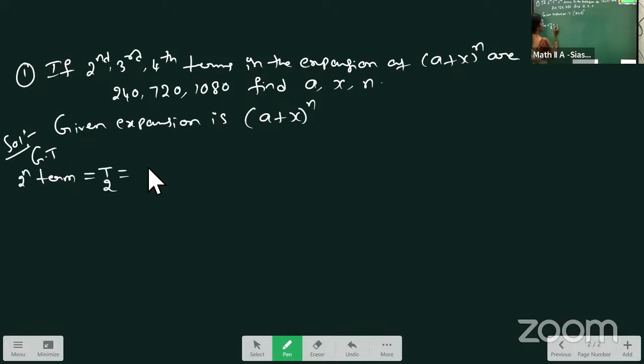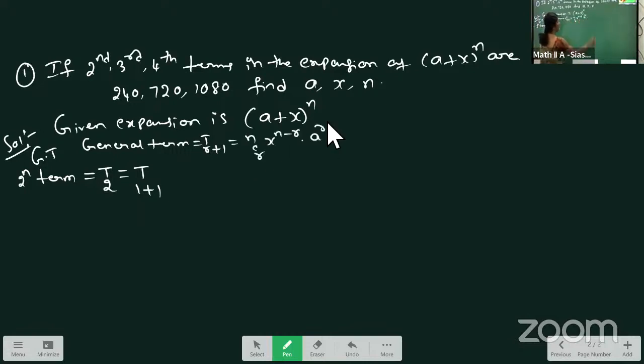T2 can be written as T(1+1) because we have to use the T(r+1) concept. Otherwise, directly you can write the general term here. Next step, the general term T(r+1) is equal to nCr x to the power n minus r into a to the power r.